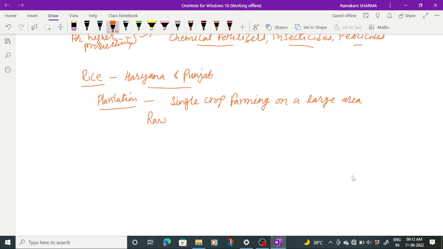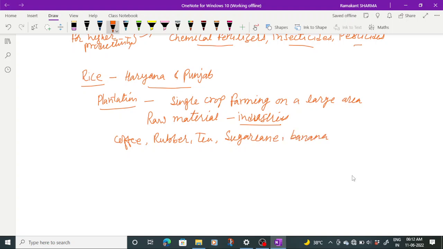It produces raw material for industries. For example, coffee, rubber, tea, sugarcane. These are all plantation crops. Then banana, etc.